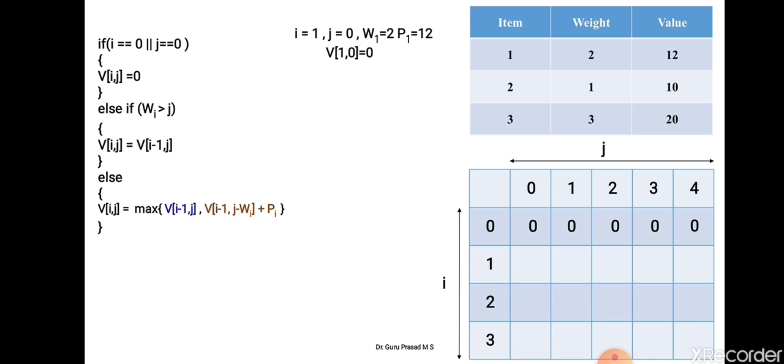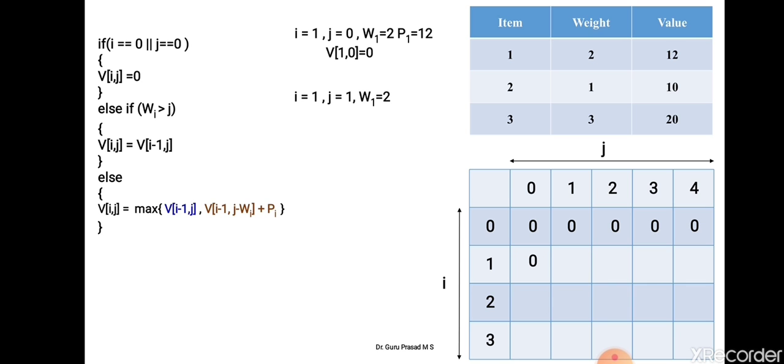Next, second row, first column, i equal to 1, j equal to 0. Weight of item 1 is 2 and profit of item 1 is 12. Now the j value is 0, the if condition is satisfied, so V of 1, 0 equals 0. Next, i equal to 1, j equal to 1, w1 equal to 2. Now the if condition is not satisfied, so control goes to the else if.